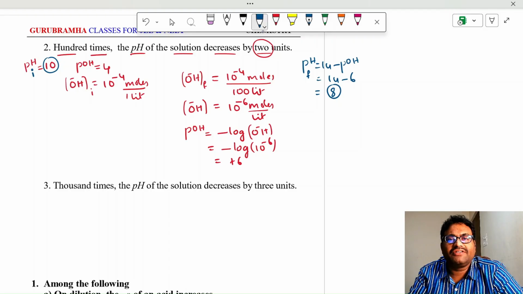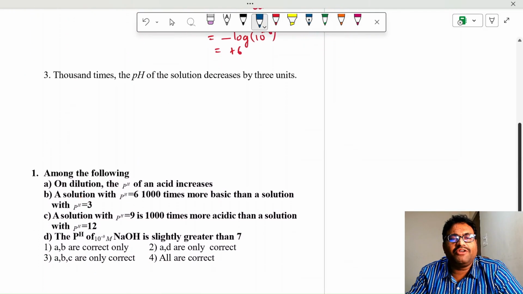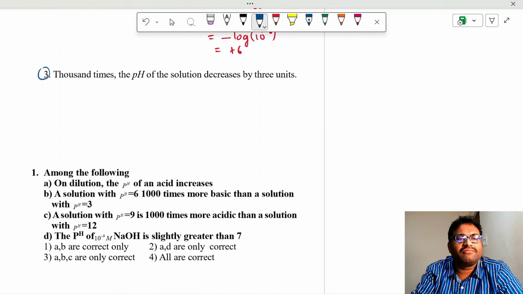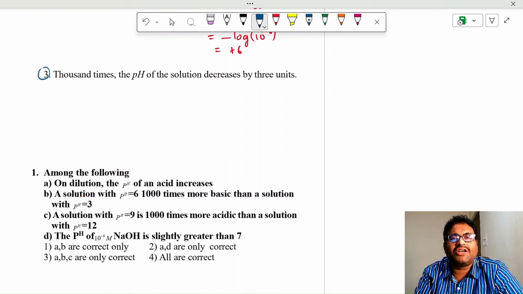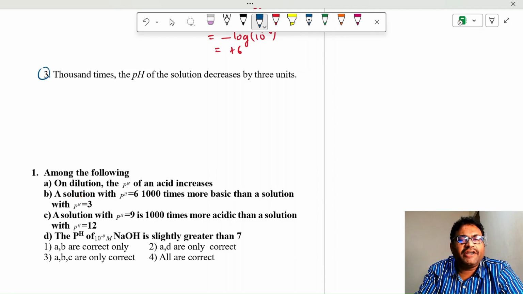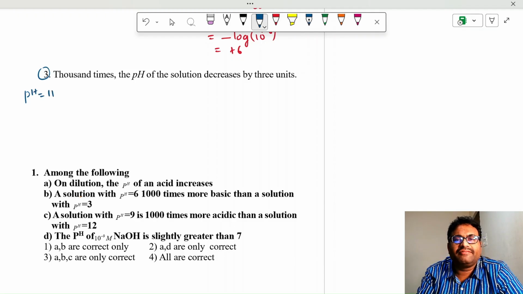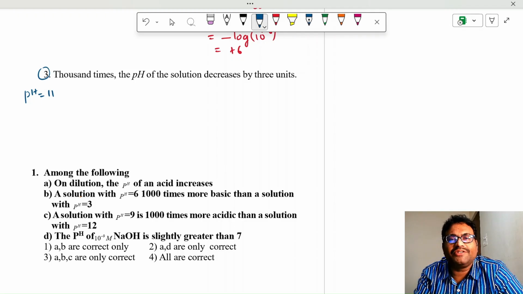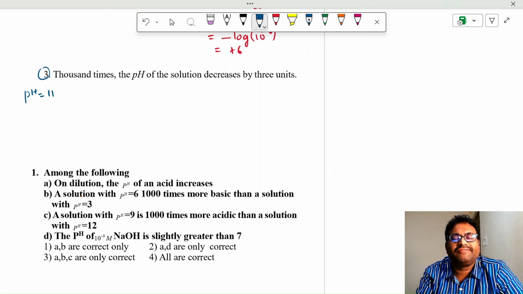Understood? Okay. Then let us go with when it is diluted by 1000 times. How many times are you diluting? 1000 times. Okay. So let me take pH equal to 11. If pH is equal to 11, it is a basic solution. We are discussing the dilution of a base.